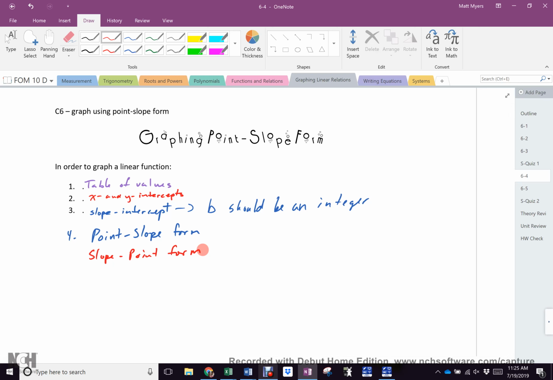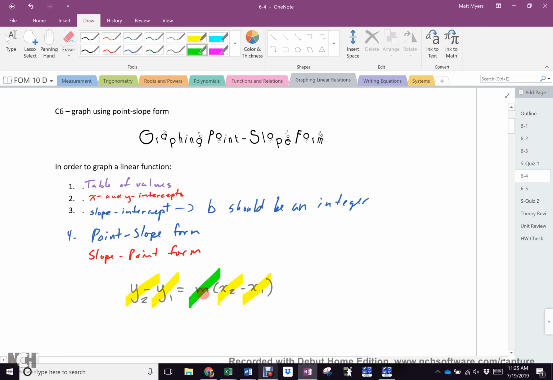Now, all of you should have seen this in the past. It looks like this. And we have seen all of those things before, haven't we? We have seen this in our slope formula.